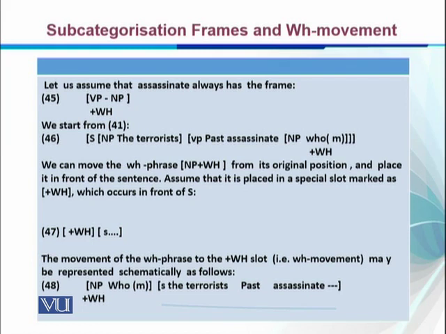The movement of the WH phrase to the WH slot may be presented schematically as who or whom plus WH, and with assassinate, we have left the place for it. So it has come from the NP after the verb assassinate to the initial position.